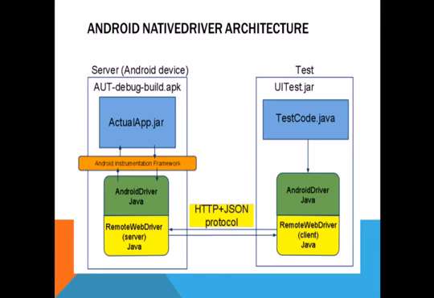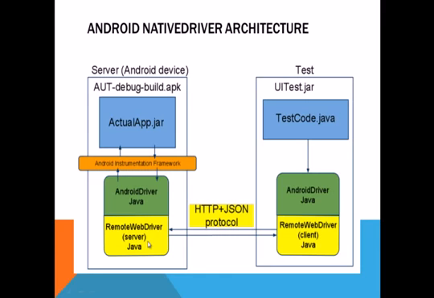This is the interacting party of the controller, and the same thing is also built inside the device or server or emulator. There is Android driver Java, and it also has another component, remote web driver server Java, but it's the server and one is the client.